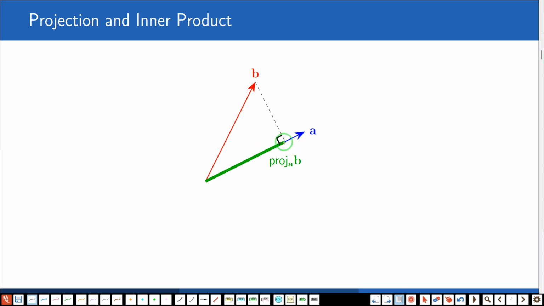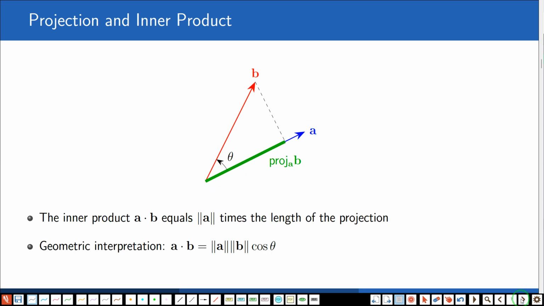If we multiply this number by the length of vector a, that's the inner product. This projection is given by the length of vector b times the cosine of this angle theta.